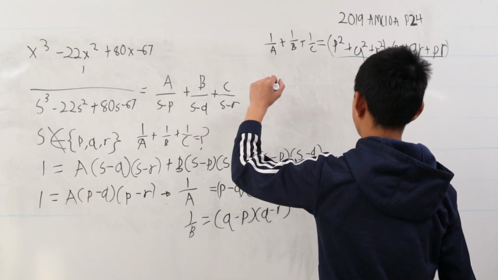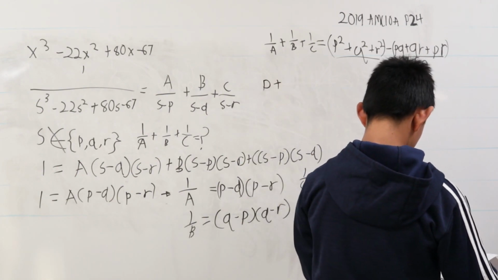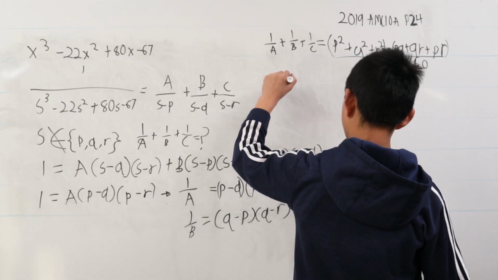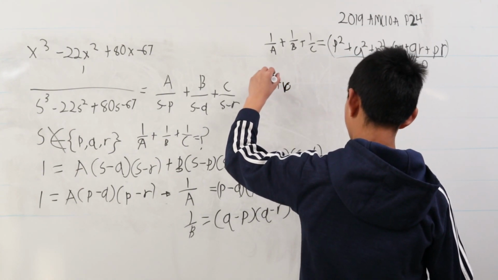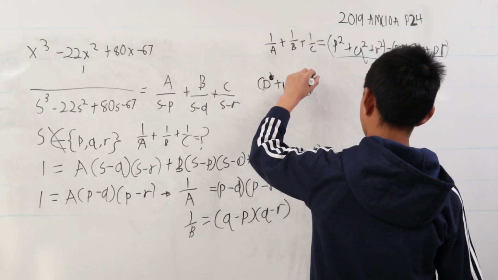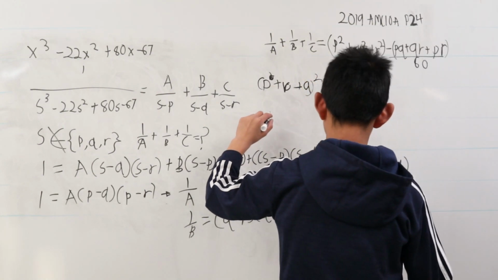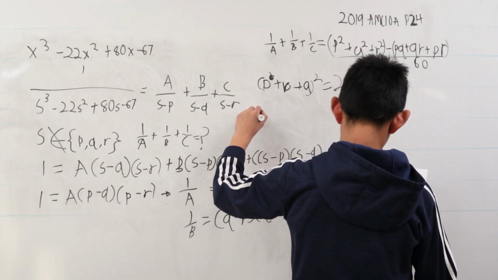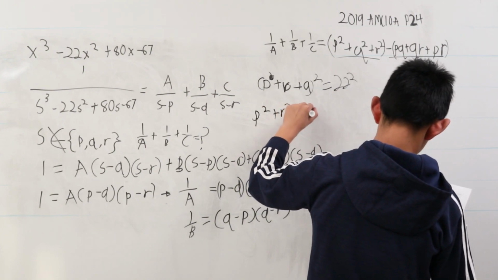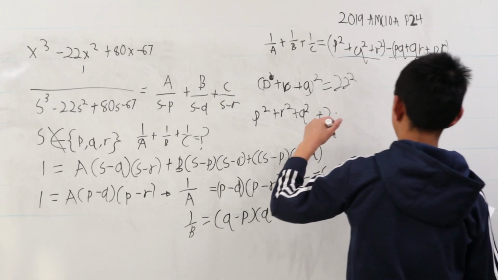So we know that p plus q plus r, when you square that, is going to be equal to 22 squared. So you have to square this. This is going to be p squared plus q squared plus r squared plus 2 times all this here. That's when you multiply it out.